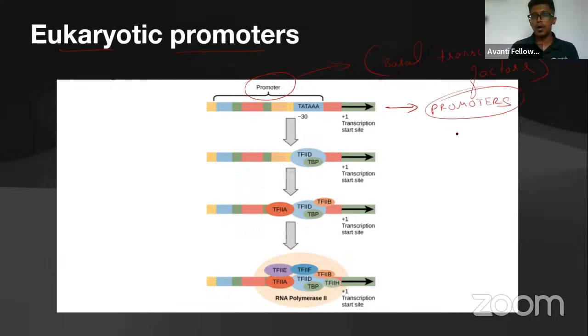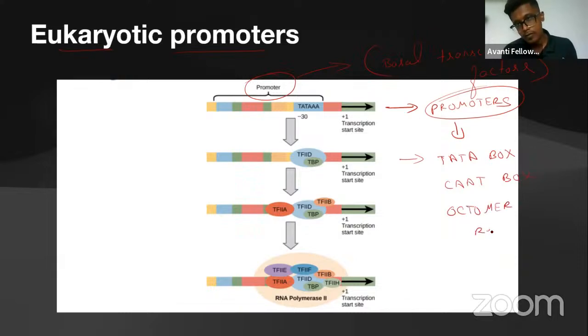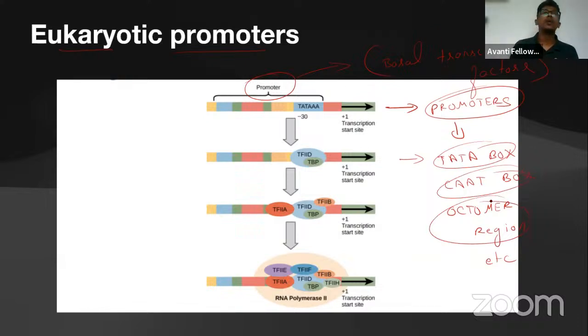First, let's talk about the eukaryotic promoters. Eukaryotic promoters are very similar to your prokaryotic promoters. In eukaryotic promoters, you have something called the TATA box, CAAT box, octamer regions, etc. These are very similar to what we saw in the minus 10 and minus 35 regions.